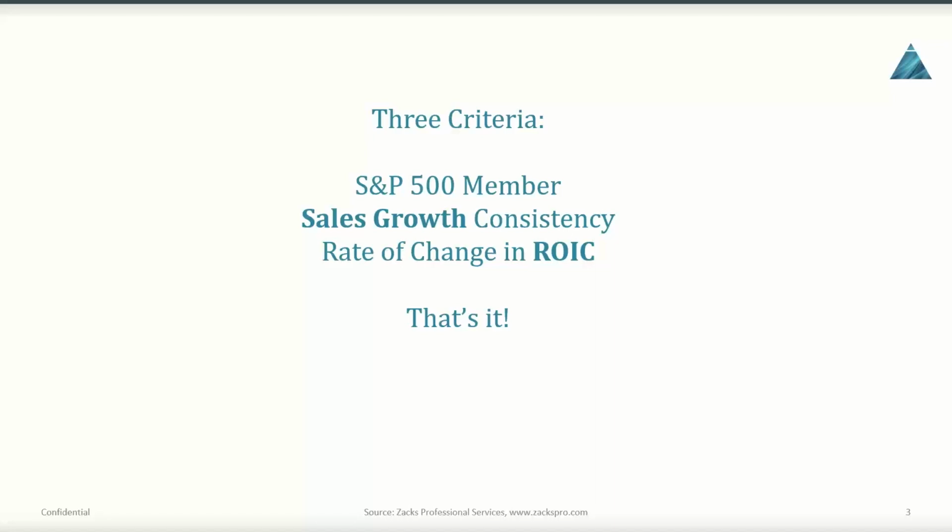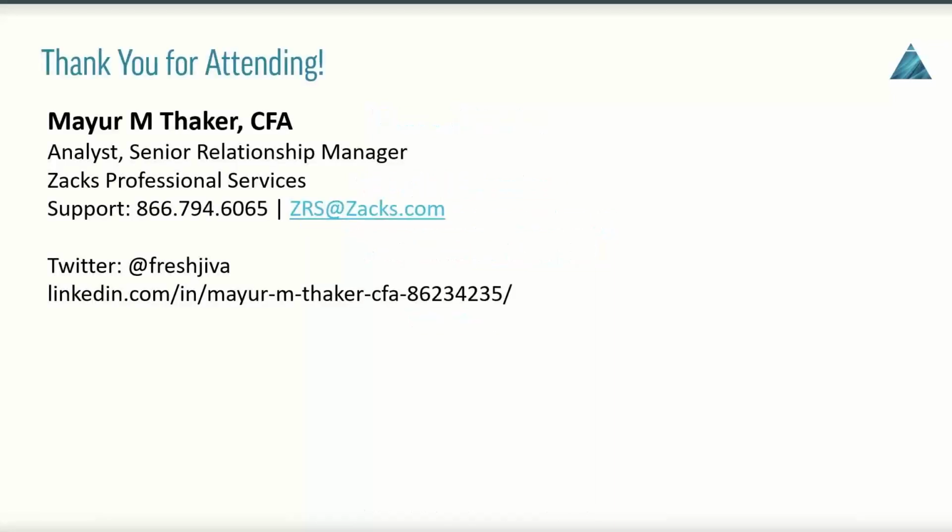So just three criteria. Number one, it has to be a member of the S&P 500. Number two, we're looking at sales growth consistency. And that's the key word there, consistency. And then the third item is the rate of change in the ROIC. And that's it. So there are three factors: S&P 500 member, sales growth, ROIC.